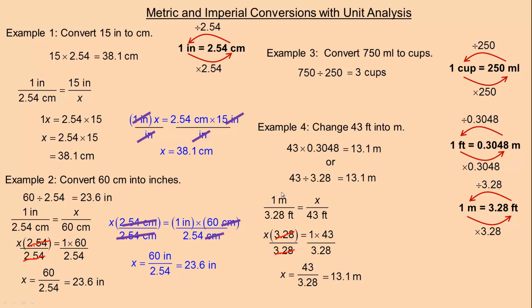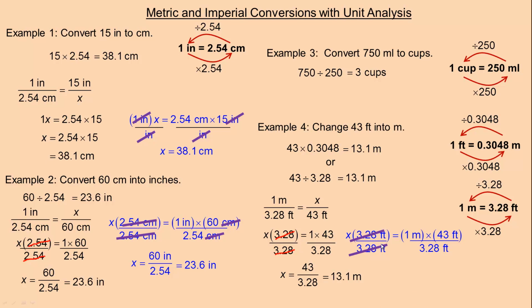Last one here, number 4. Again, I'm going to cross multiply from here, same line as this, except with the units left in. So x gets multiplied by 3.28 feet, and that would equal the product of the 1 meter here and the 43 feet. I want to isolate for x, so just like here, I divide by 3.28, except it's 3.28 feet because I've got my units here too.